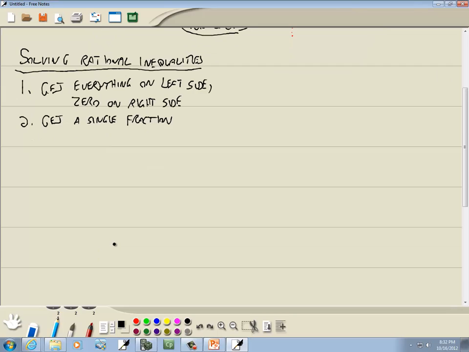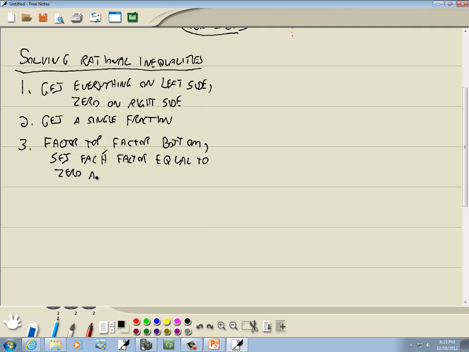A lot of these problems will already be a single fraction. Step 3, factor the top, factor the numerator, factor the bottom, the denominator. Set each factor equal to 0. And solve. So set each factor equal to 0 and solve.